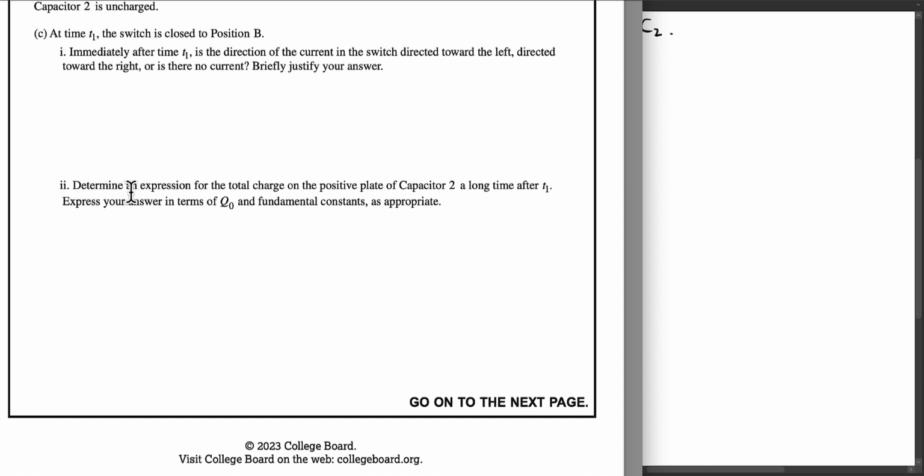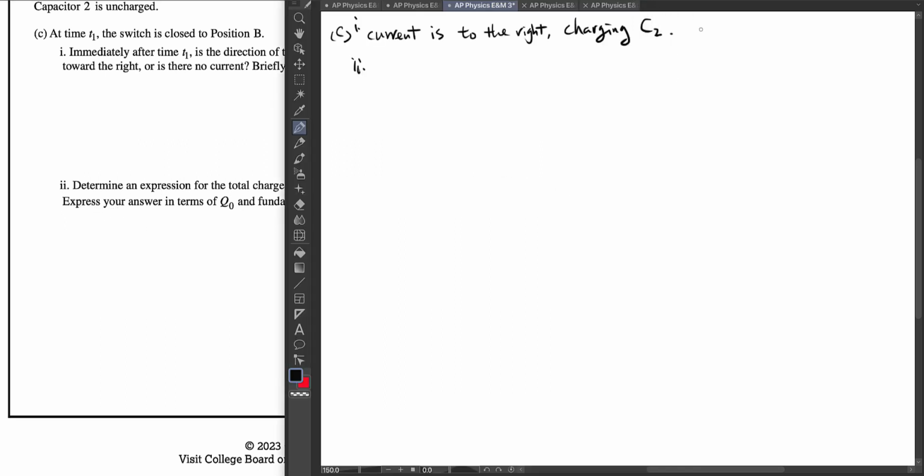Second sub-question, determine an expression for the total charge on the positive plate of C2 a long time after T1. So this one is at T1 instant. So now after a long time, C2 will be fully charged. So now think about this problem here.